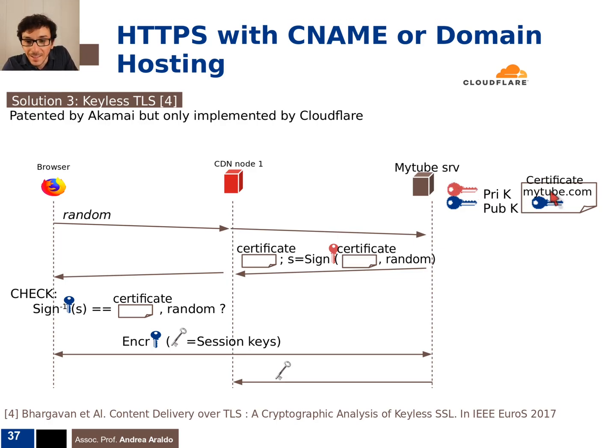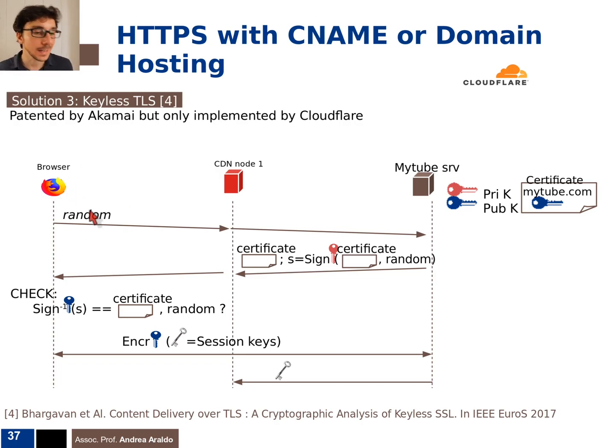Here the certificate remains in the hand of MyTube. I mean, there is no shared certificate or whatever. The good thing about this solution is that there is a certificate of MyTube completely separated from the CDN, and the private key just remains with MyTube. We don't need to disclose it to the CDN.